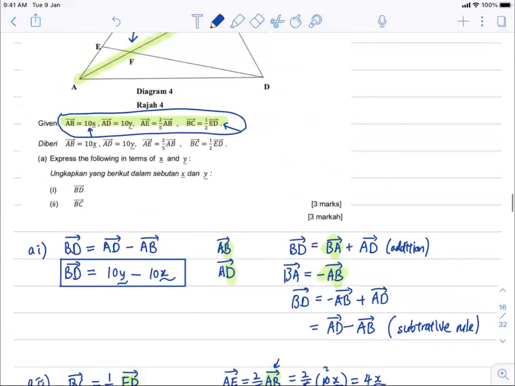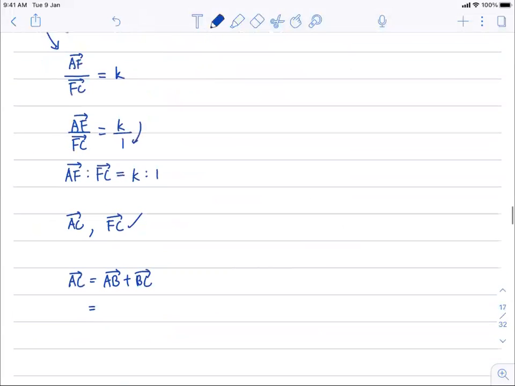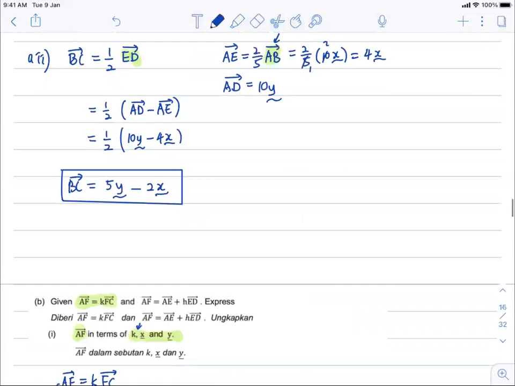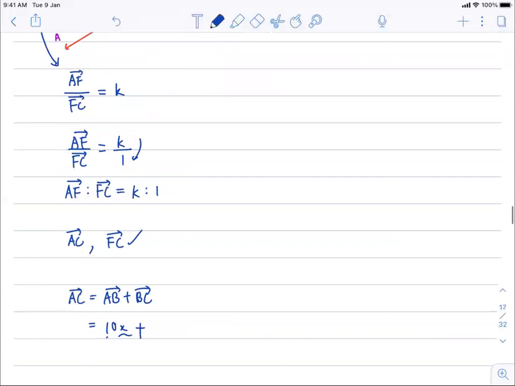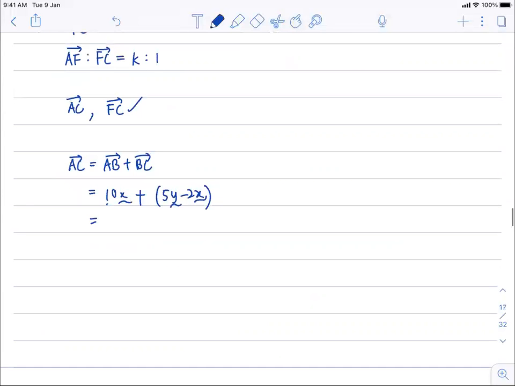AB is 10x, and BC is 5y minus 2x. So add them up: 10x minus 2x is 8x, plus 5y. So now we have AC.